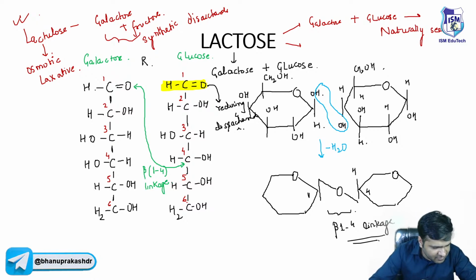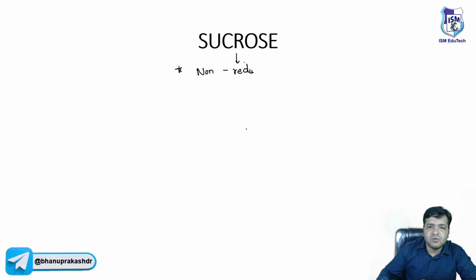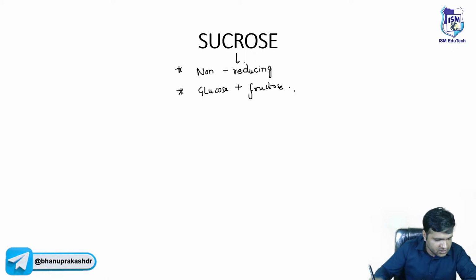Yes, everyone is right for the sucrose part. It is non-reducing because all the functional groups are engaged in linking. Remember that it is formed from glucose and fructose. चलो इतना क्लियर है सब लोगों को.